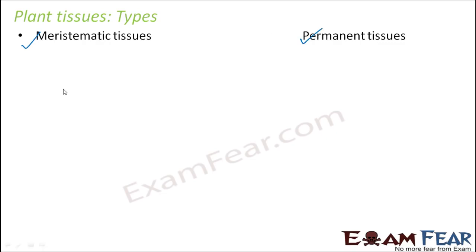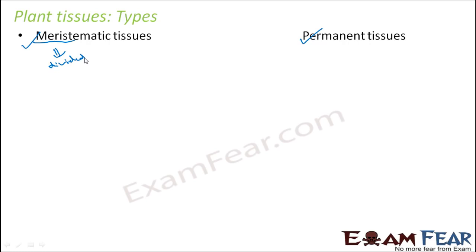What is meristematic tissue? The word meristem is basically derived from a Greek word which means divided. So that means these tissues have the ability to divide and form new cells.